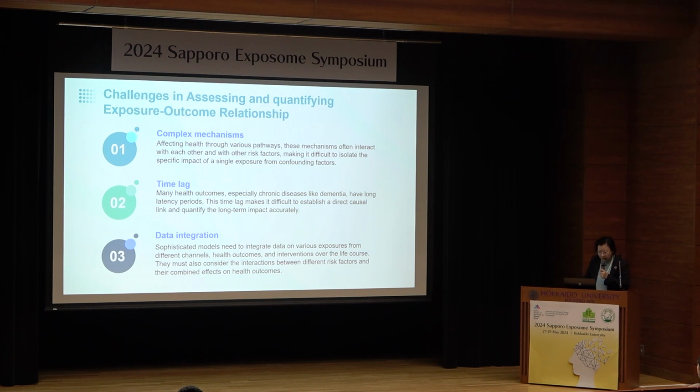So when you try to increase the preciseness of the estimation, the data will be really crucial. But in this case, the data comes from different sources, so you really need to make the linkage and estimate the combined effect on the health outcomes.